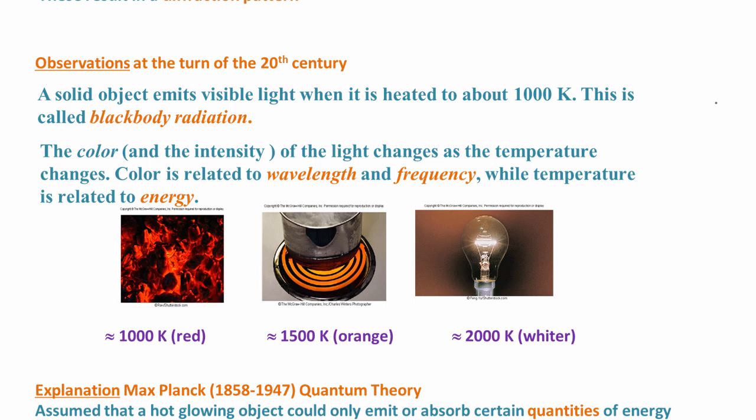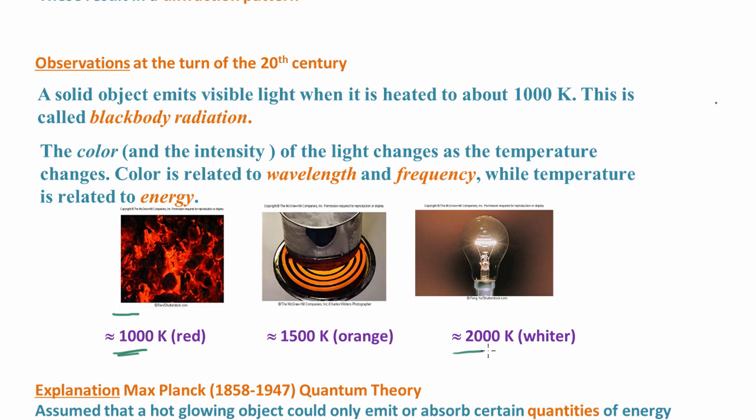So let's take a look at this. Here we see hot coals. They tend to glow red, and the temperature is about 1,000 Kelvin. If we increase the temperature by about 500 Kelvin, here we see the element from an electric stove, and the light emitted is more orange.